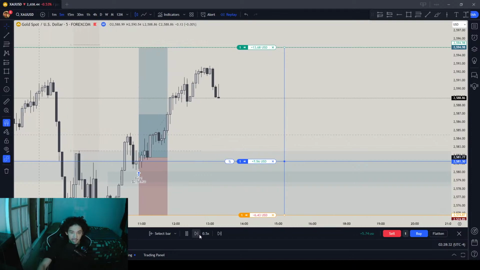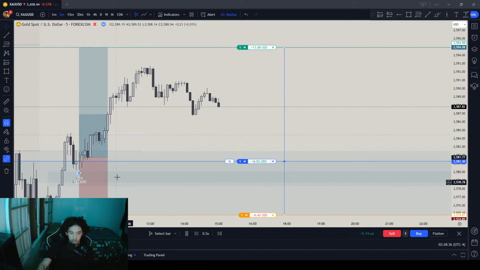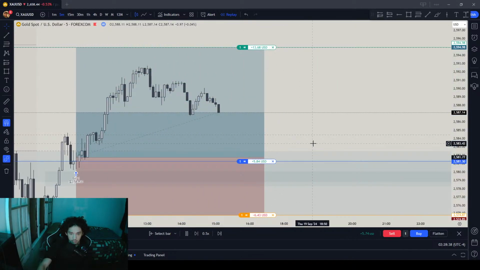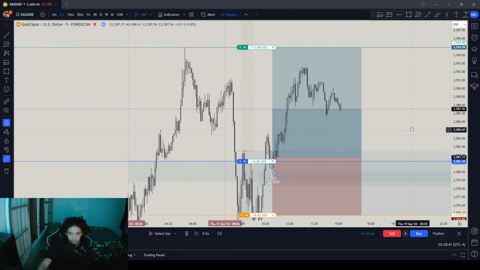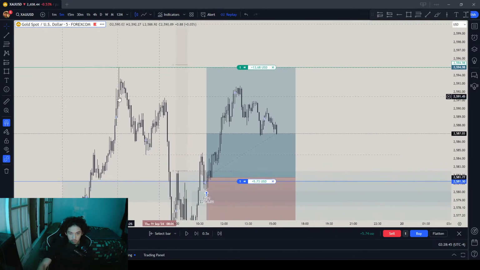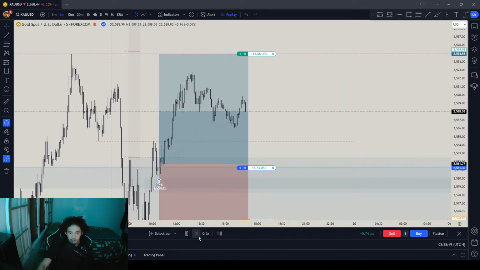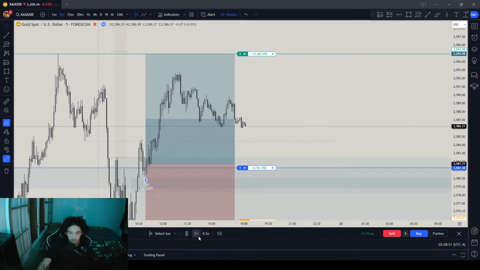So I want to see price react out of the one mark that I laid out. This is the 4-hour draw on liquidity. Pretty sure price during this time was just messing around.